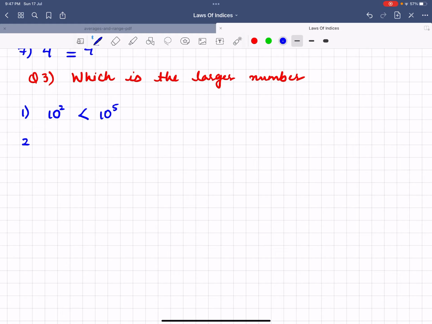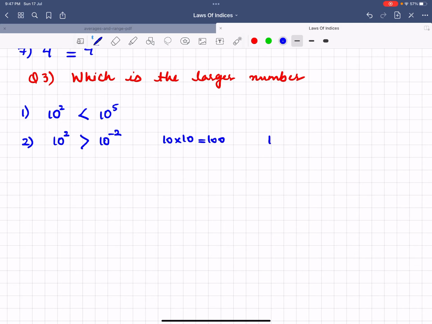Second question, we have 10 to the power of 2 and 10 to the power of negative 2. So which will give us the greater number? 10 to the power of negative 2 is a number which is being divided. So 10 to the power of negative 2 will be clearly a smaller number. We can also work this out to understand this better. 10 to the power of 2 is 10 times 10, which is 100.